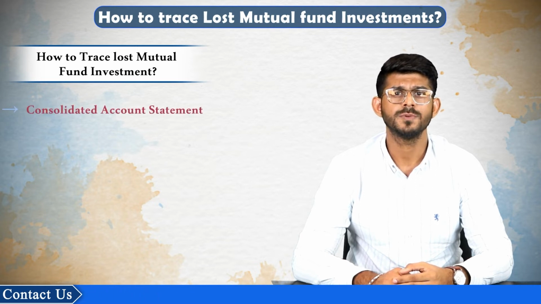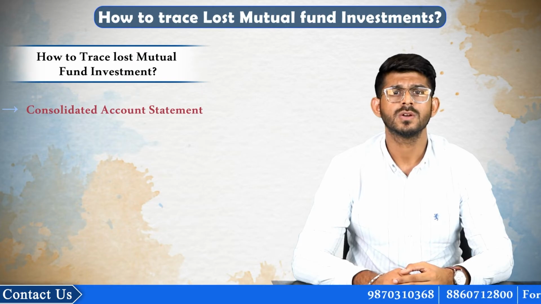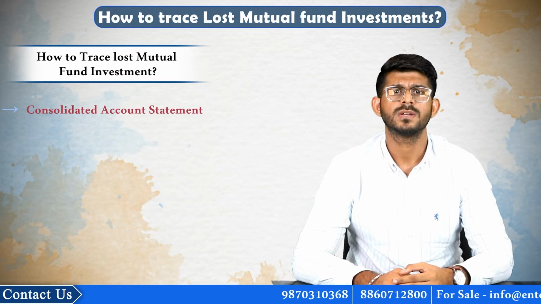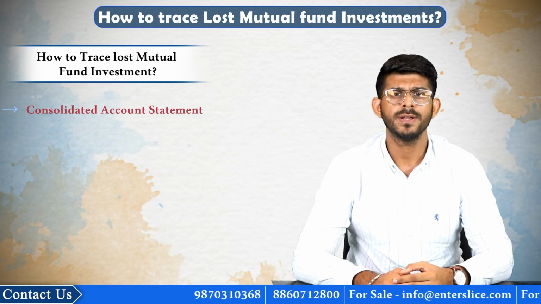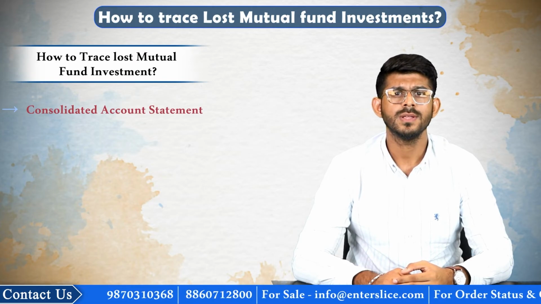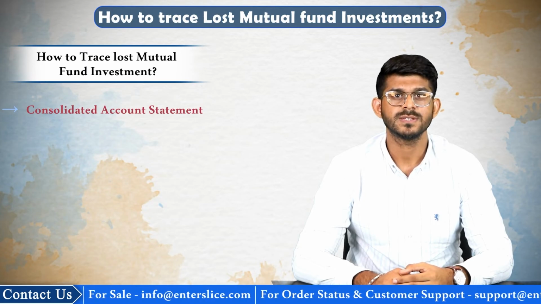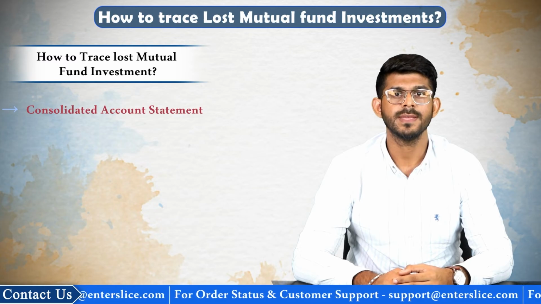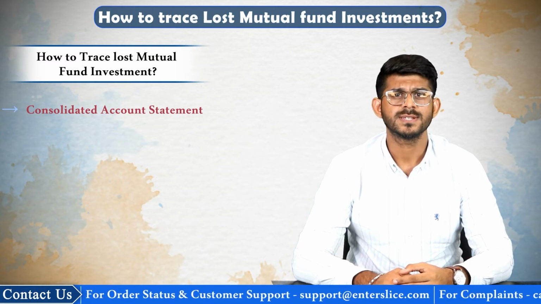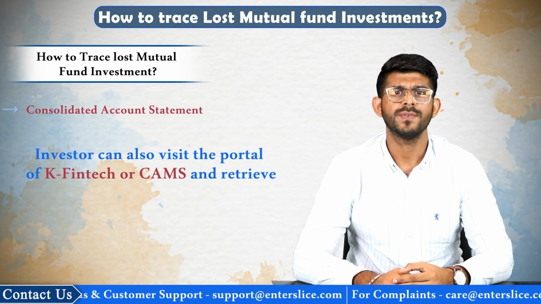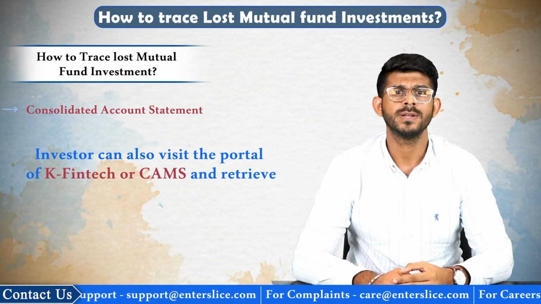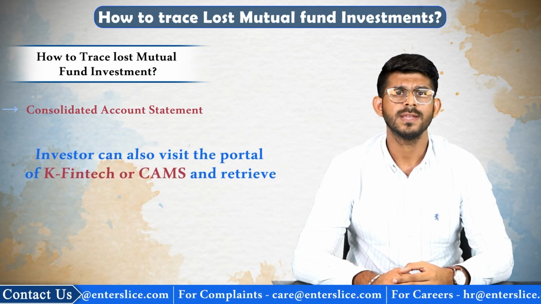The investor has the option to retrieve the folio number of their lost mutual fund investment through the consolidated account statement. The consolidated account statement is provided to the investor on their registered email ID. Hence, it is essential that the investor registers their email ID with the mutual fund house. The investor can also visit the portal of KFintech or CAMS and retrieve the consolidated account statement on filling in the required details.